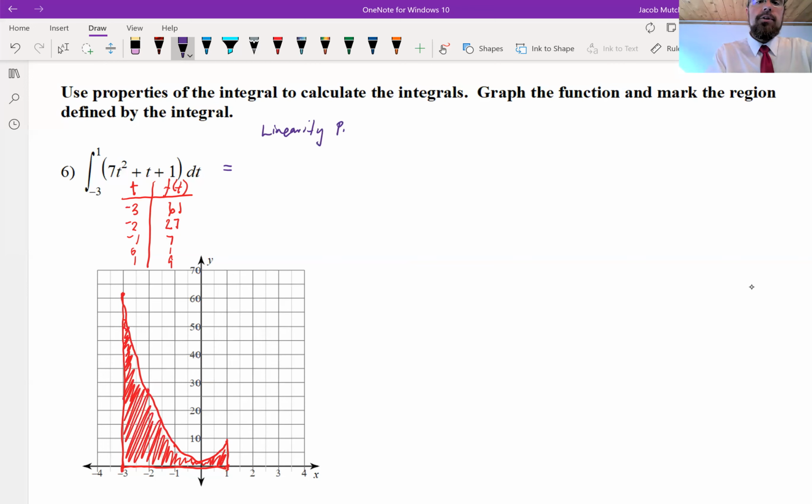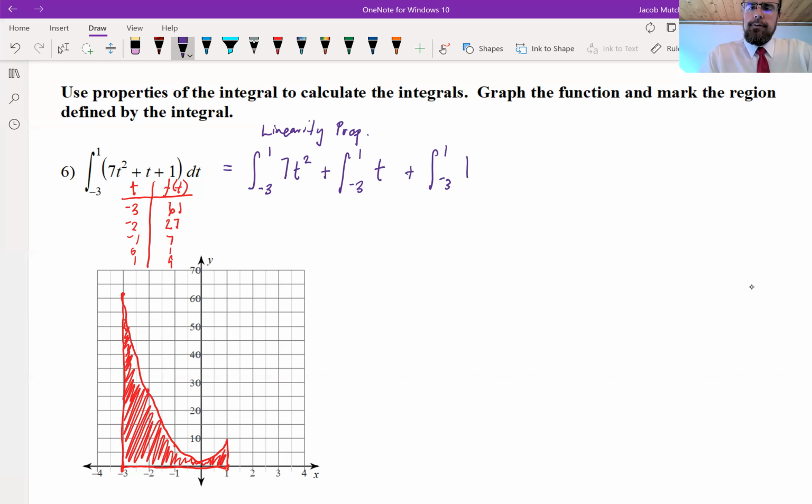And I'll just abbreviate here, but again, just to indicate the rationale behind this change. So we'll write this as the integral from -3 to 1 of 7t squared plus, so I'm using plus because it's plus in the function, the integral from -3 to 1 of the linear parent function t, and then the integral from -3 to 1 of 1.